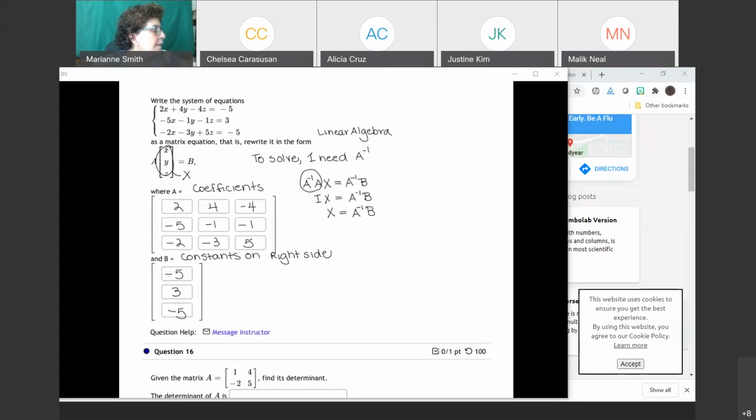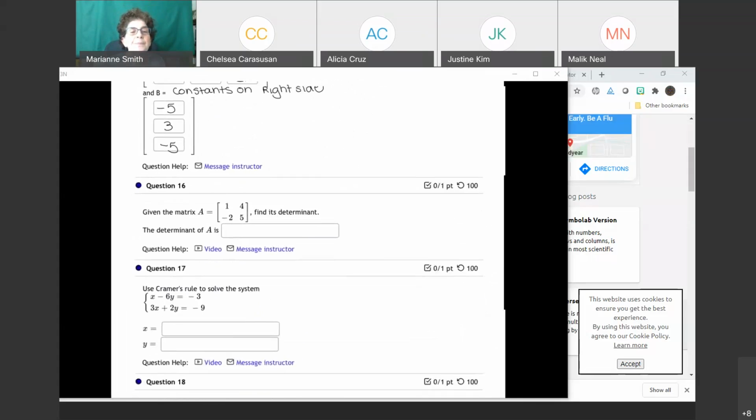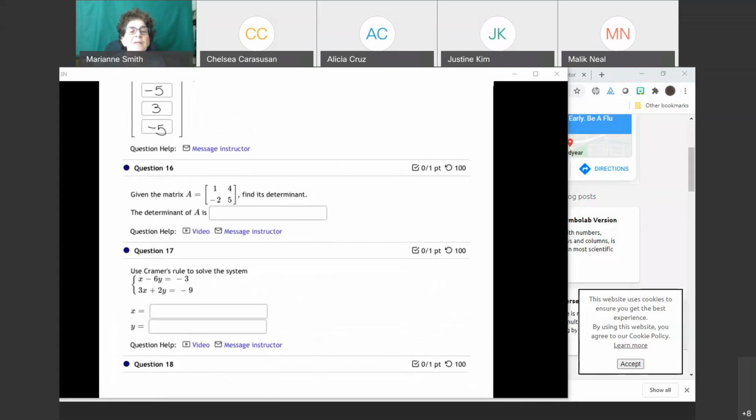Okay, let's take a look. Given the matrix A, find its determinant. Don't do it by hand. You're either going to use DET A on the TI-84 and DET for Symbol Lab.